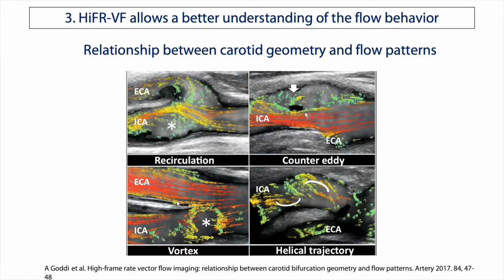Moreover, as you can see in the slide, vector flow outlines the streamline's behavior in different anatomical conditions and permits the analysis of complex flow, allowing us to distinguish different flow patterns such as recirculation, counter-eddy, vortex, and helical trajectory.